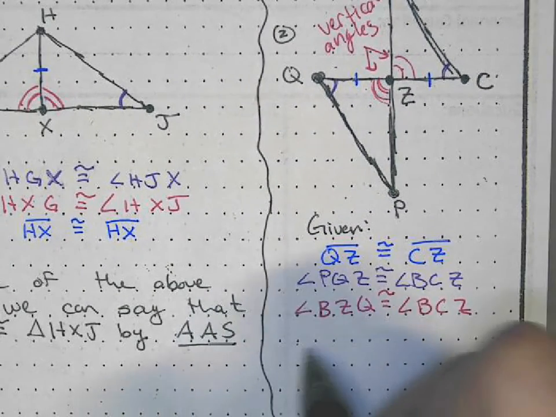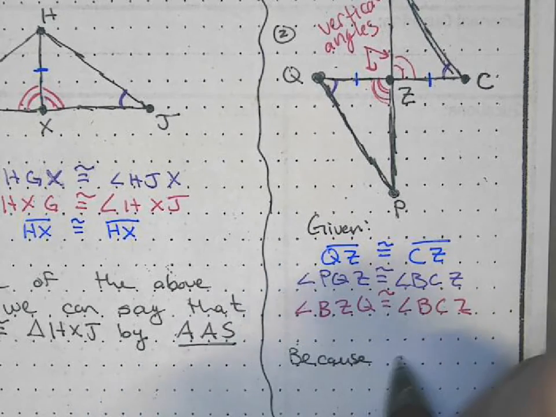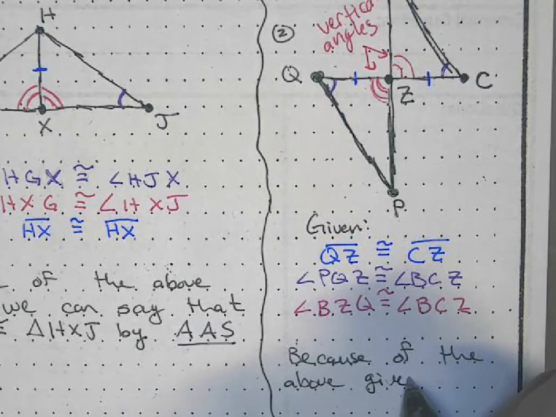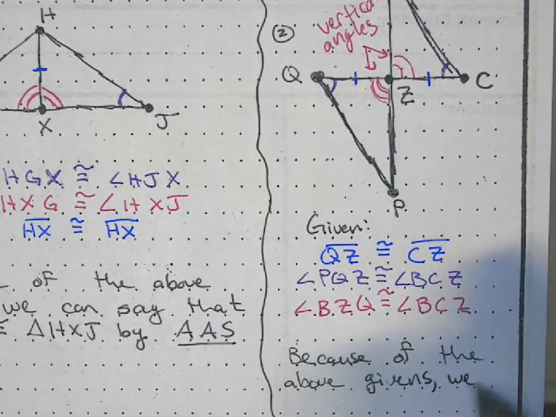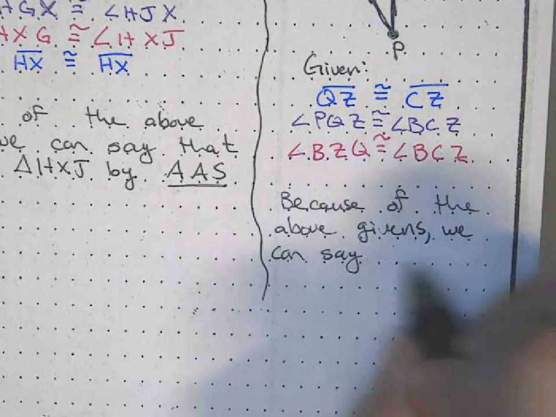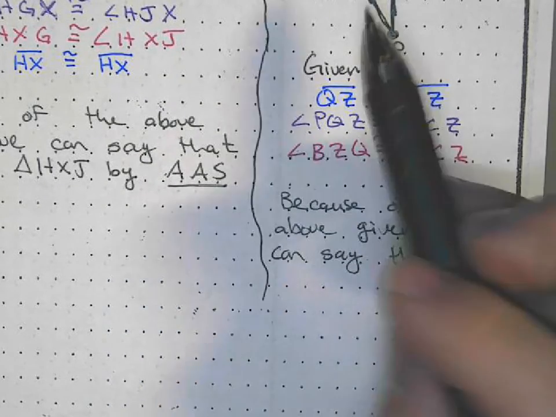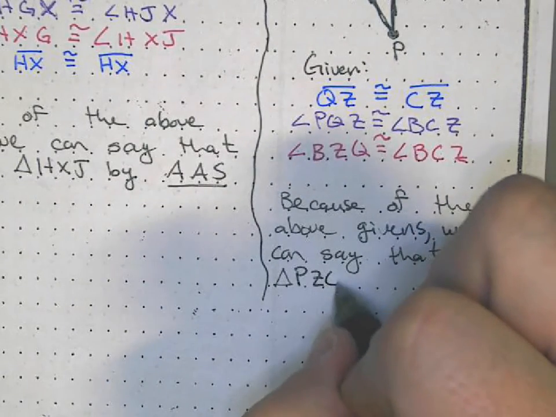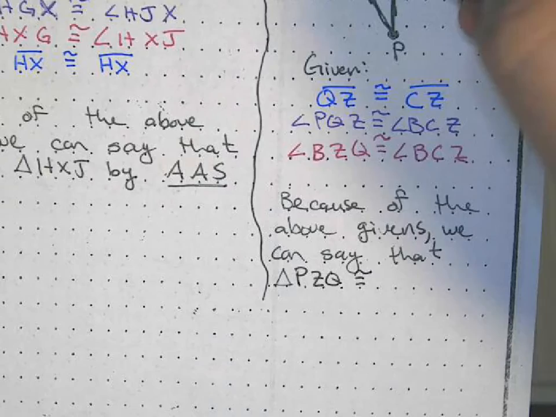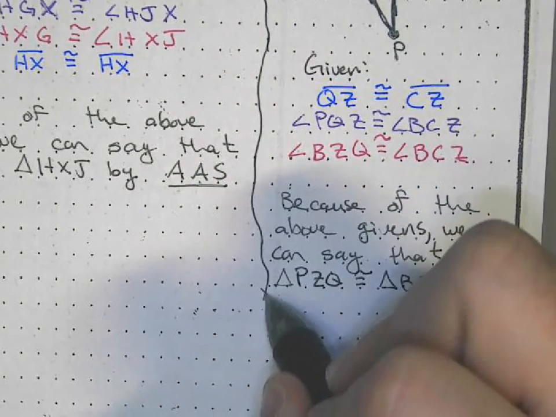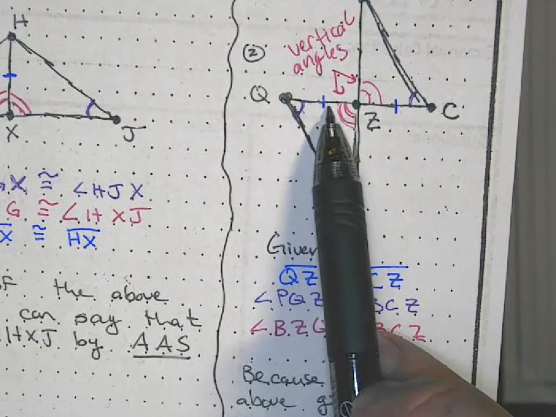So our statement we can say is, because of the above givens, we can say that triangle PZQ is congruent to triangle BZC by angle, side, angle.